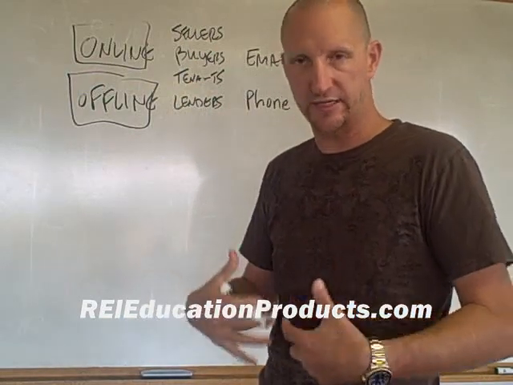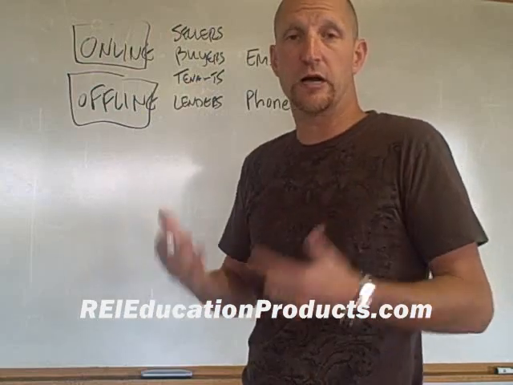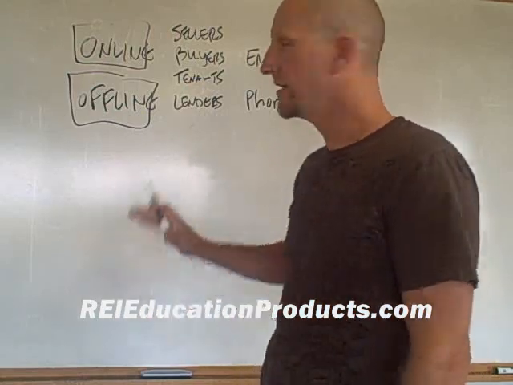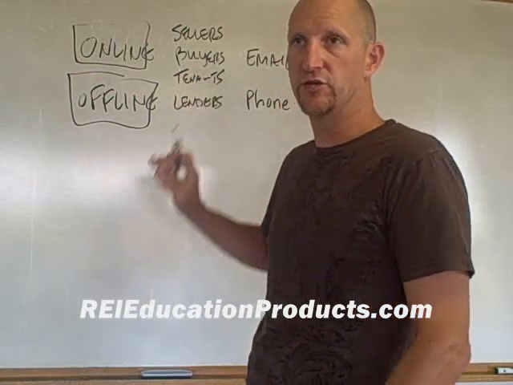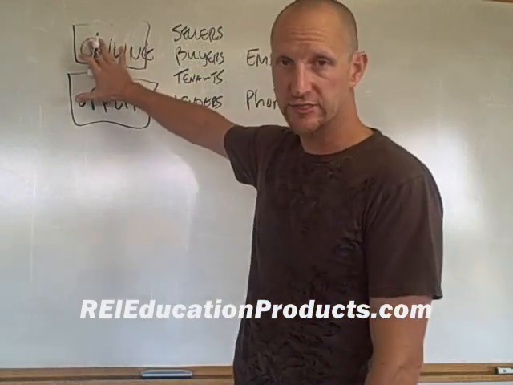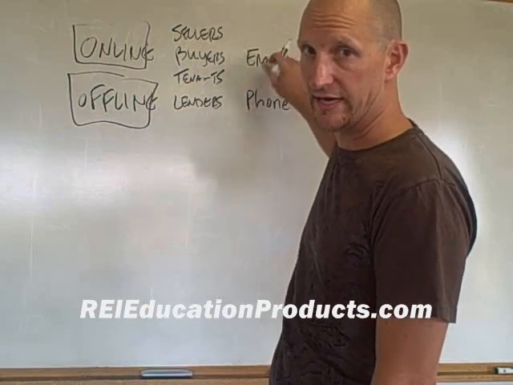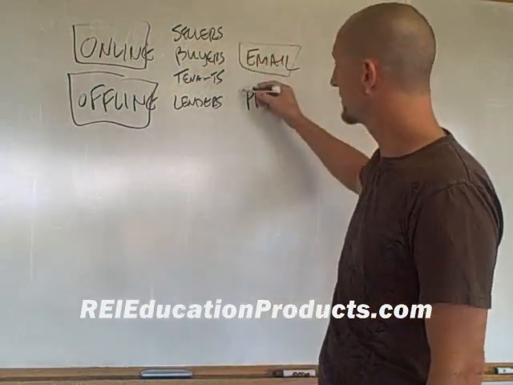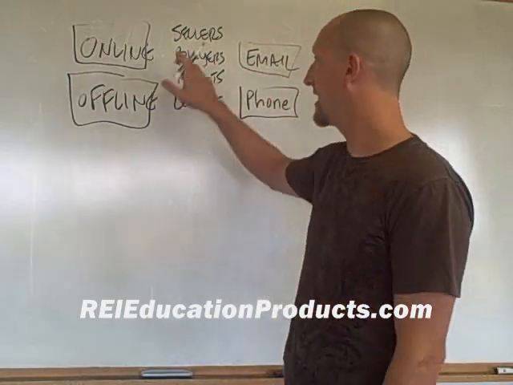We need buyers, we need sellers, we need tenants, and we need private lenders in order to help our real estate investing business work. So here's what I want to do. I want to connect the dots so that in your marketing campaign, when you're setting up your business, you can use the most effective front-end strategies to create the leads and the most effective back-end strategies to convert the leads into revenue. So let's take a look at email and phone, and now let's connect the dots.